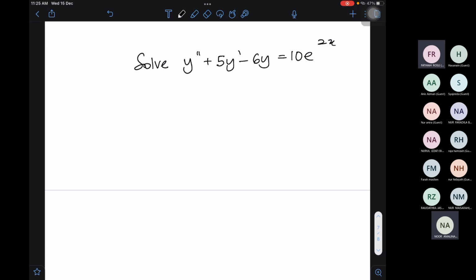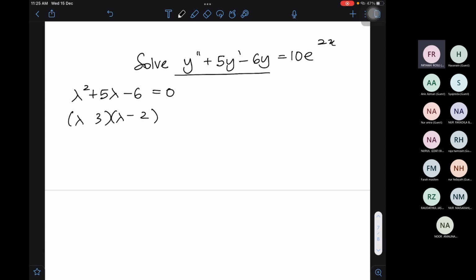Okay, so sekarang kita nak solve dulu YC. Kita tukar kepada auxiliary equation. Therefore, we will get lambda square plus 5 lambda minus 6 equals 0. So, if we factorize, we will get 6, 1, positif, negatif.